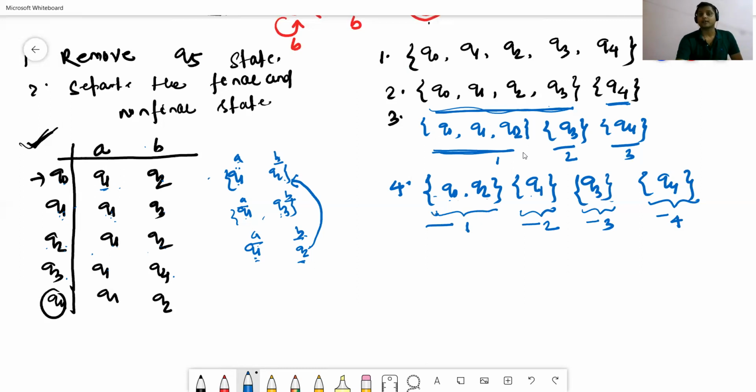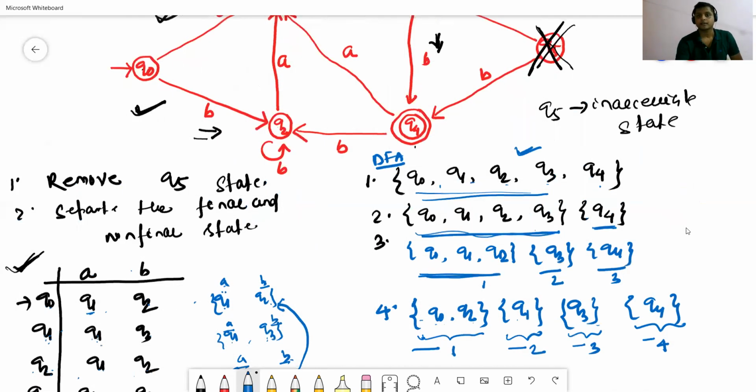Initially we have total 6 number of states: Q0, Q1, Q2, Q3, Q4, Q5.